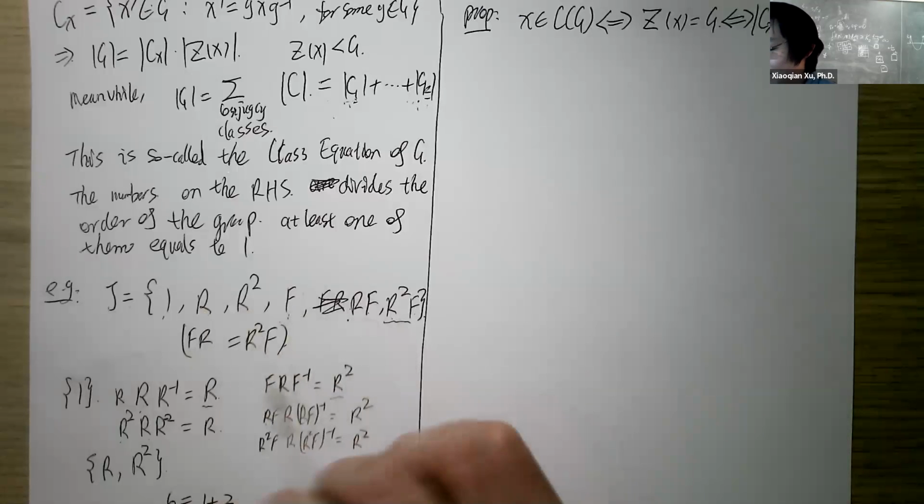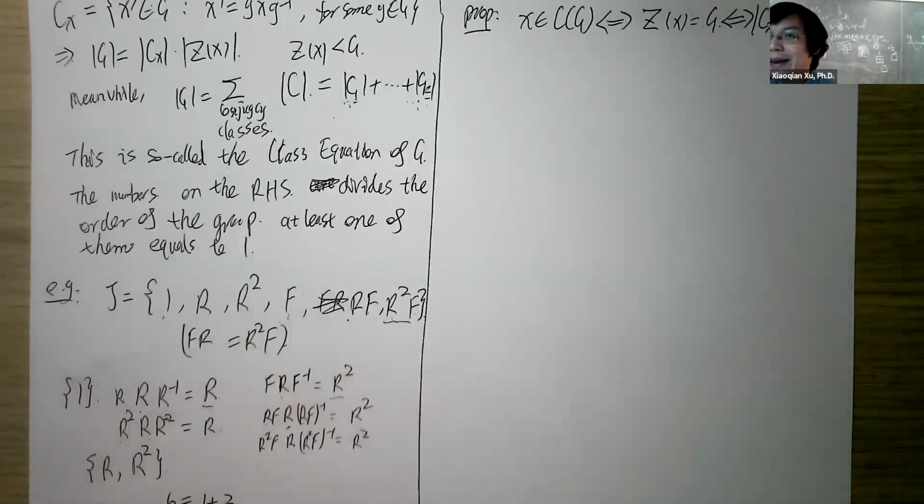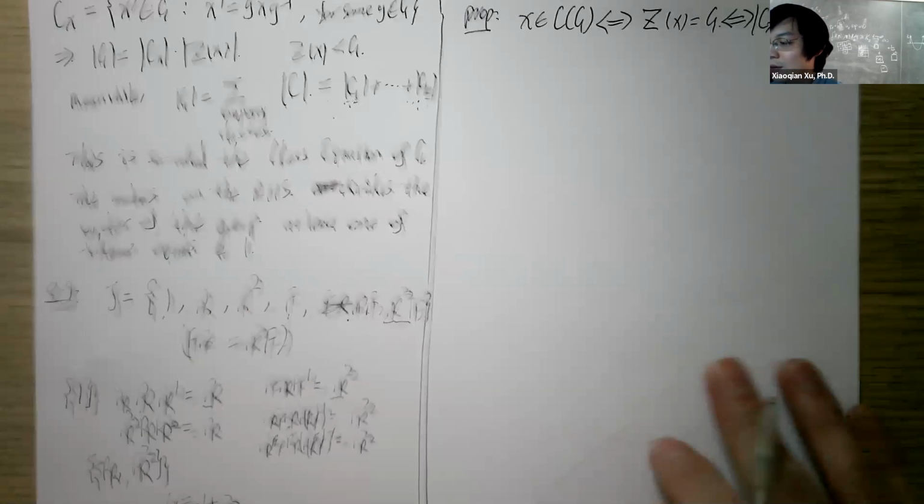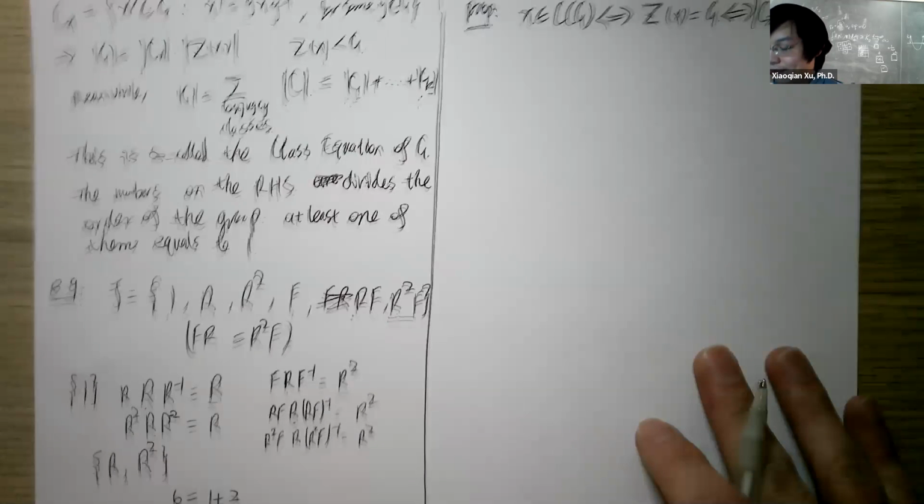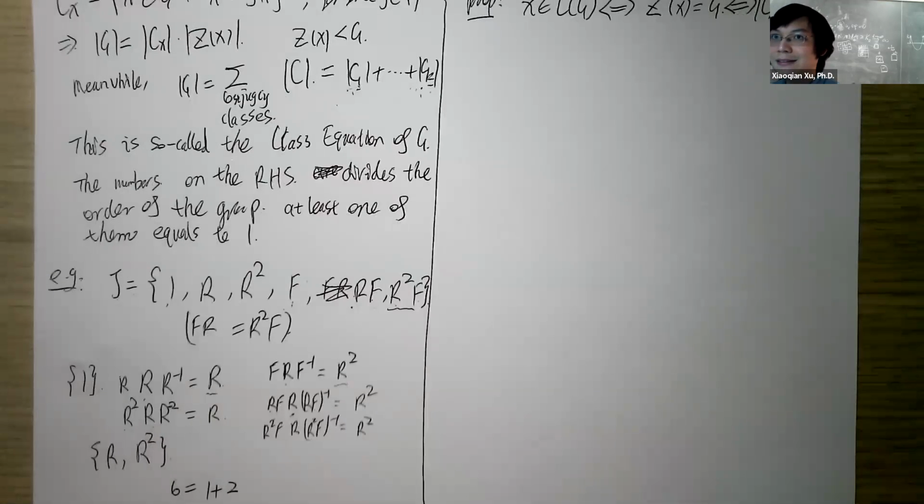So none of them commutes with everything else in this group, which means you don't have any other conjugacy classes that have only 1 element. Which is why you must have a 3 here.